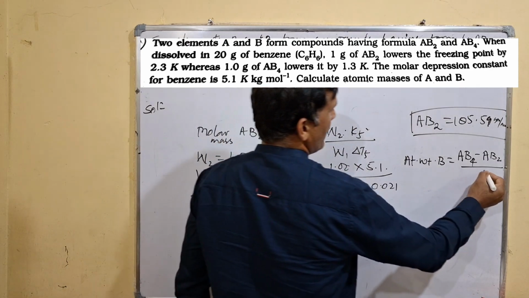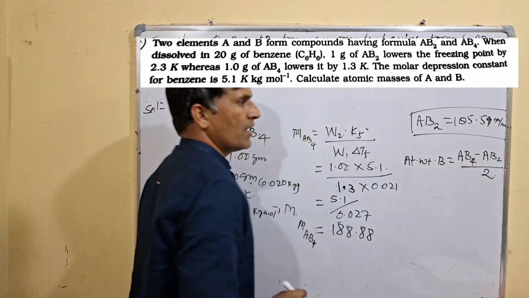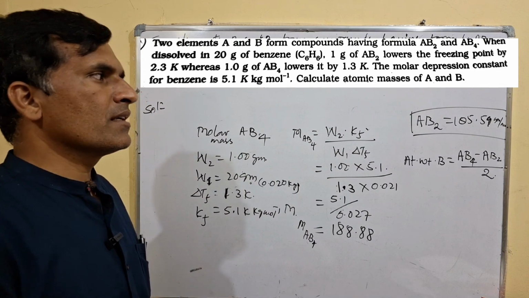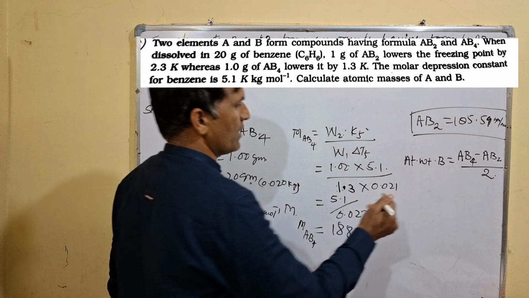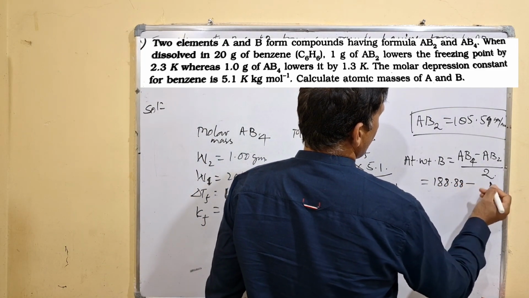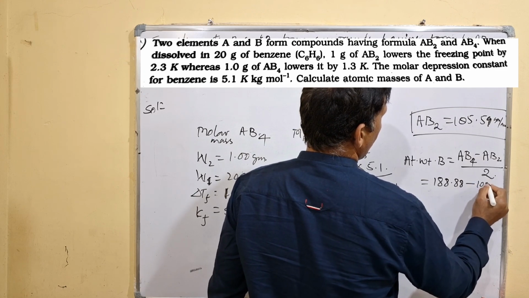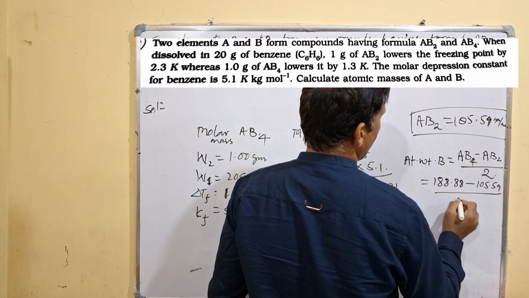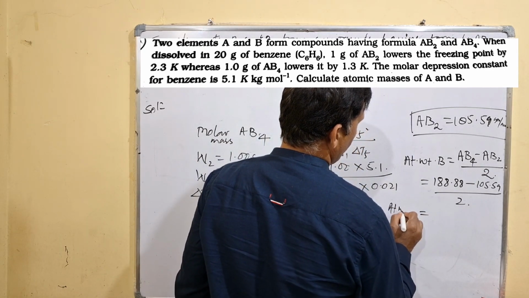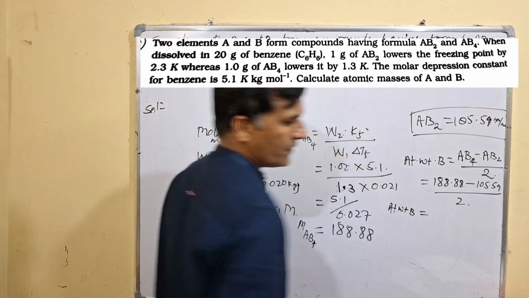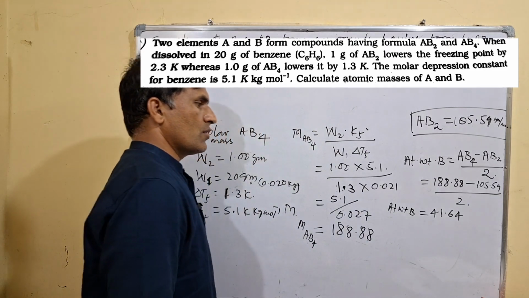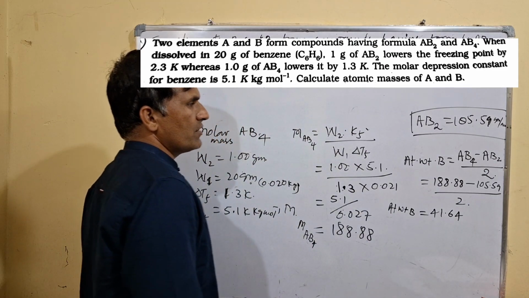So if you divide that by 2, then you will be getting the atomic weight of B. Once you know the atomic weight of B, then if you substitute, you will be getting the atomic weight of A. So let us do that. 188.88 minus 105.59 divided by 2. It turns out that the atomic weight of B is 41.64.